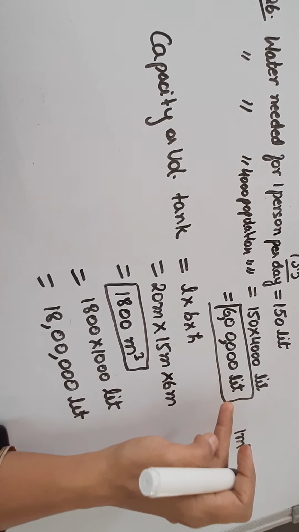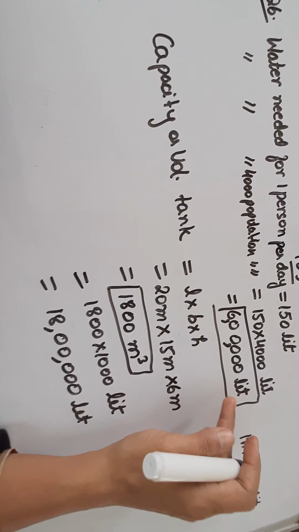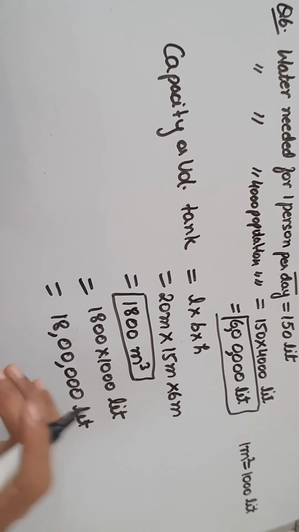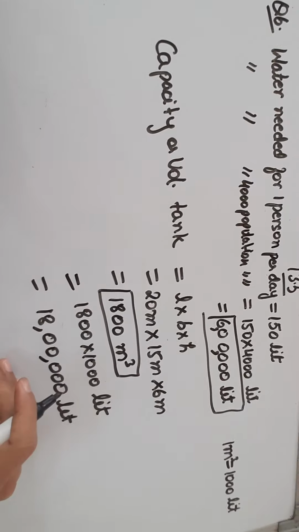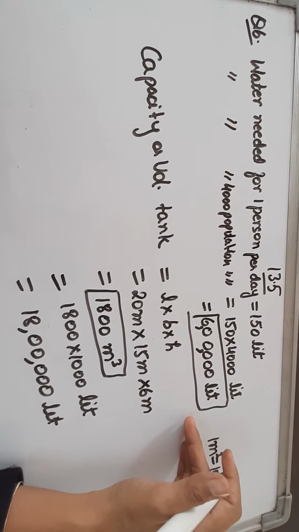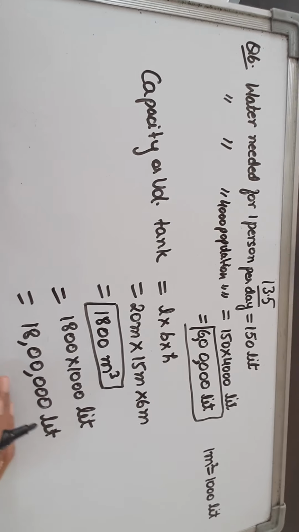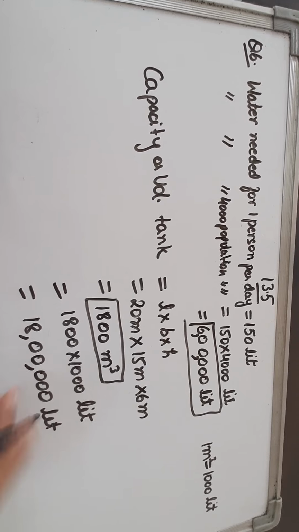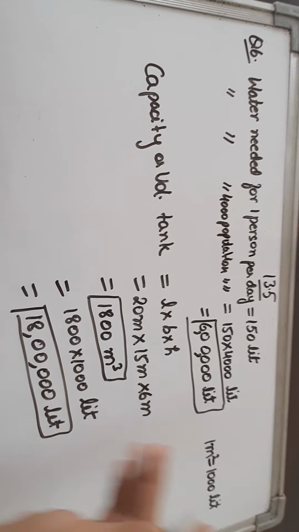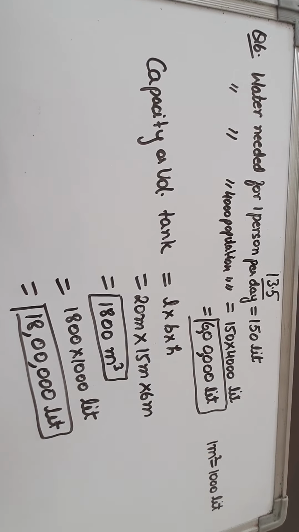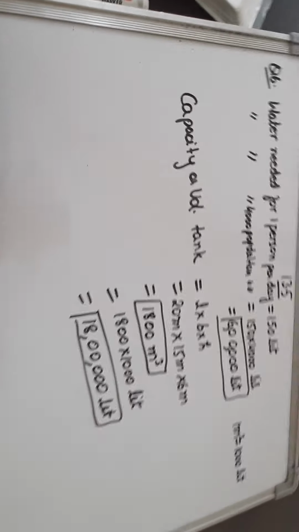And how much is required for one day? 6 lakh. So which capacity is greater? Tank's capacity is greater or the water needed for the population is greater? Of course the tank capacity is greater. So we will divide it by the water required for the population. So how do we get the number of days?